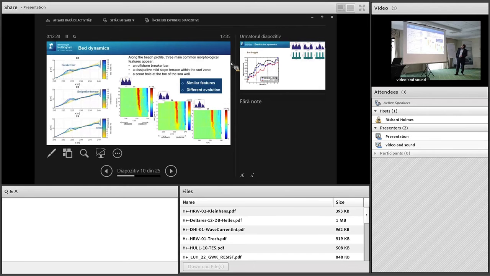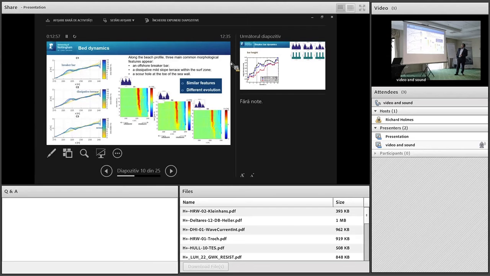Probably you don't see it because it's very faint, but in this condition, there is a system of bars starting to develop here in this interbar region, while the third storm, which occurs after the less energetic one, destroys this interbar system and starts off the migration of the bar and growth of the bar again.